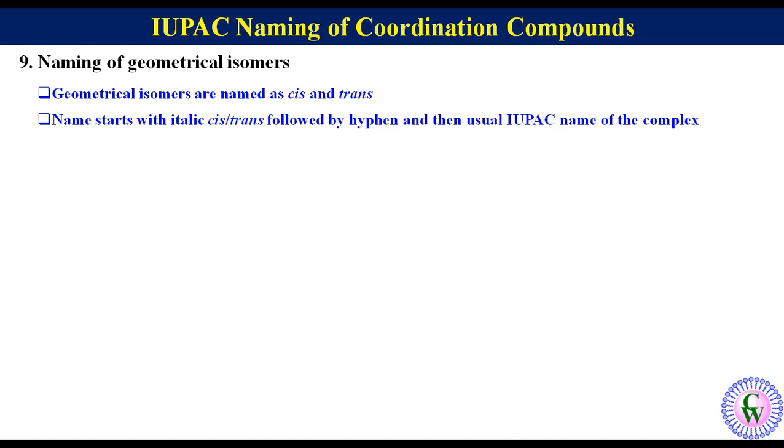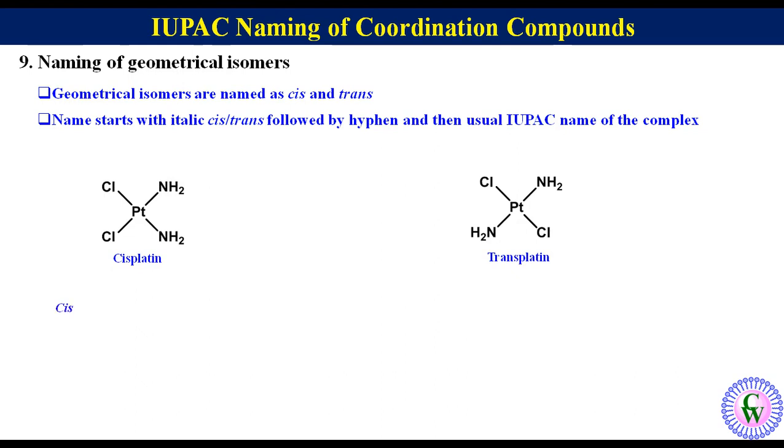For example, cisplatin and transplatin. Cisplatin is named as cis-diamminedichloroplatinum(II) and transplatin is named as trans-diamminedichloroplatinum(II).